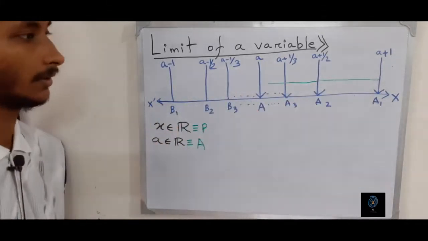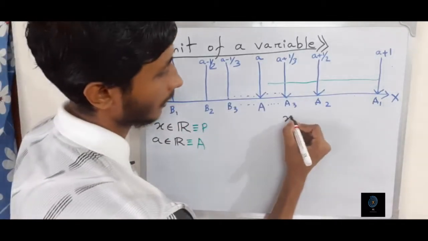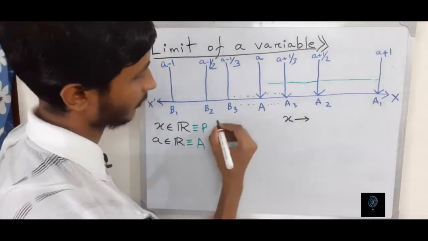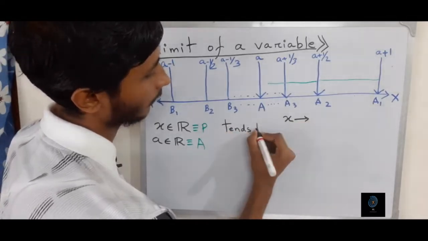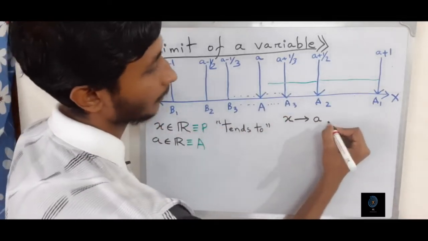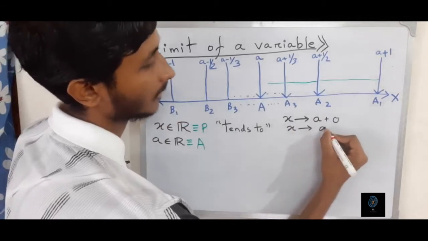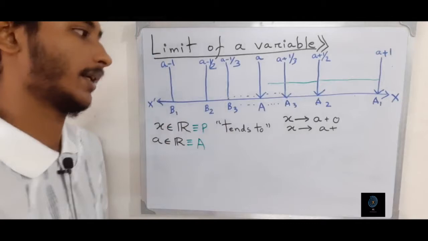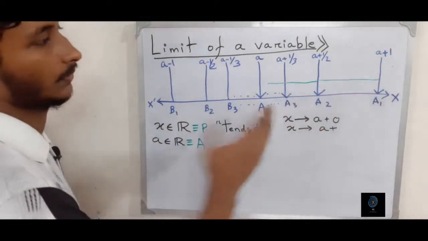If this situation happens, then we say that x tends to a plus 0, or x tends to a plus, where this sign is pronounced as tends to, or x approaches a from the right hand side.